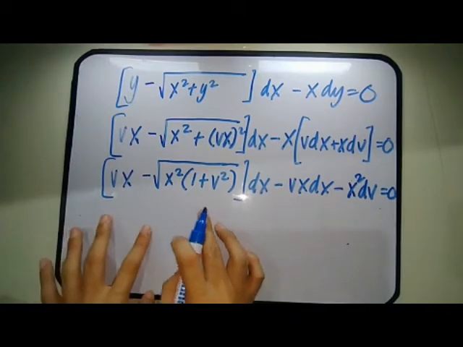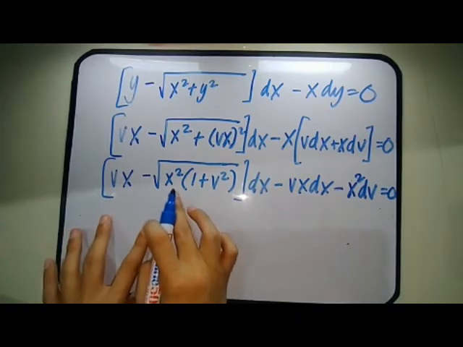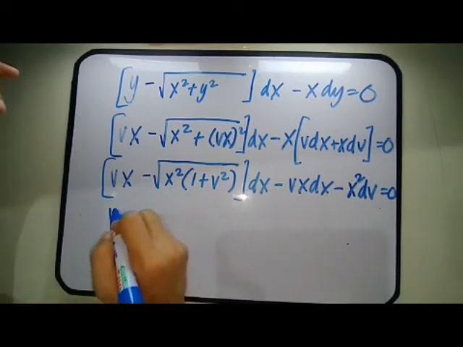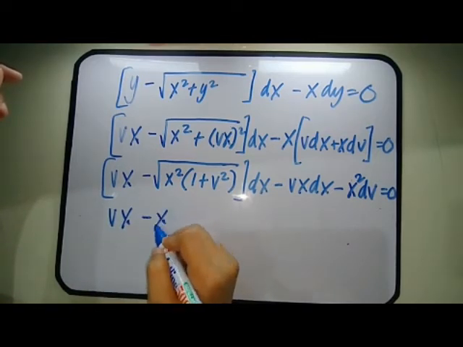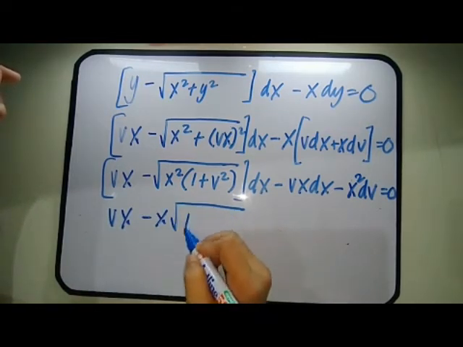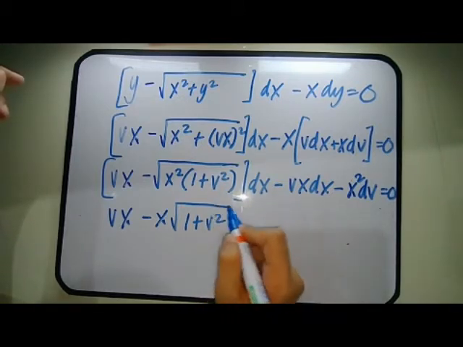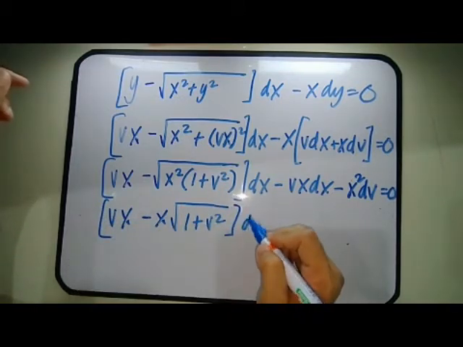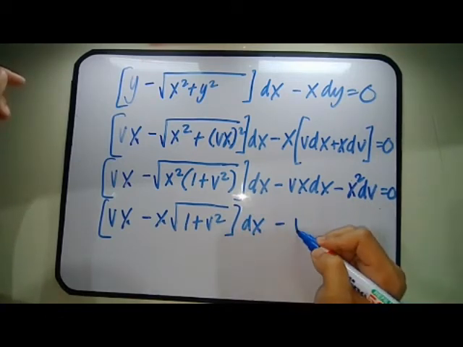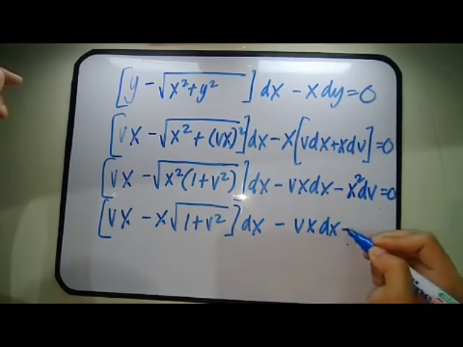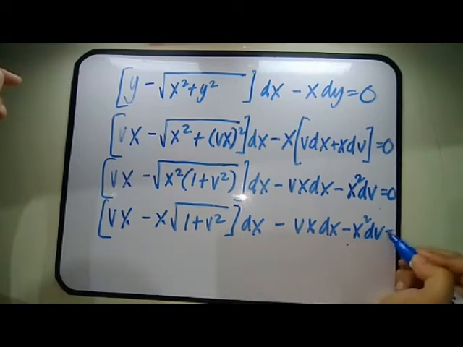Then, further simplifying. So, yung x squared, guys, is ilabas natin siya. So, you have here vx minus x, so square root of 1 plus v squared, so, this is dx minus vx dx minus x squared dv equals 0.